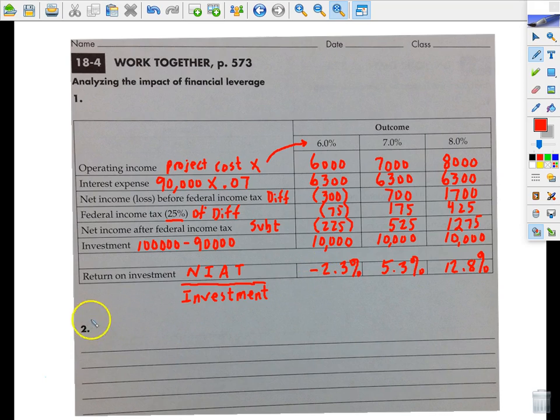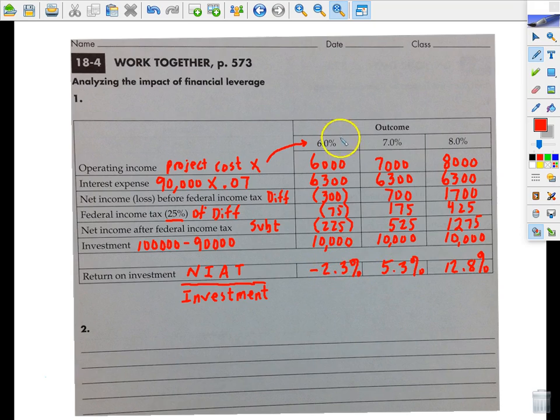Okay, so number two, part two is kind of a summary in words of our analysis. And we could look at it this way. As long as we end up with either 7 or 8% growth in operating income as a result of this renovation, we're going to have a positive return on investment.